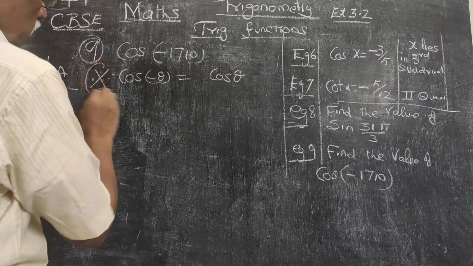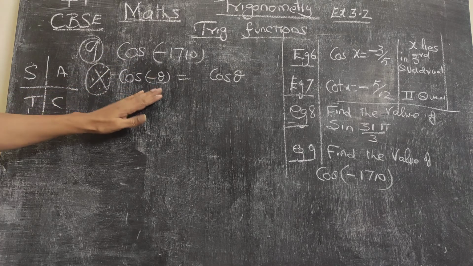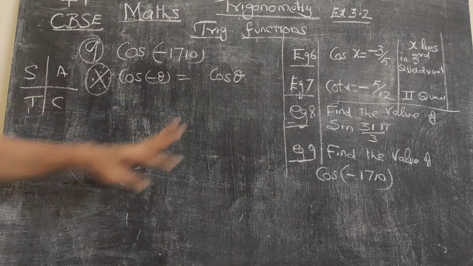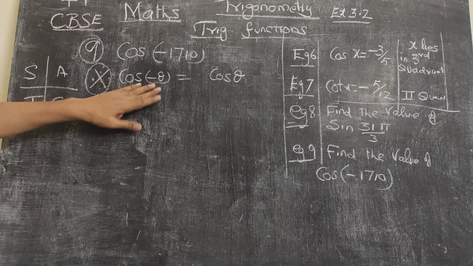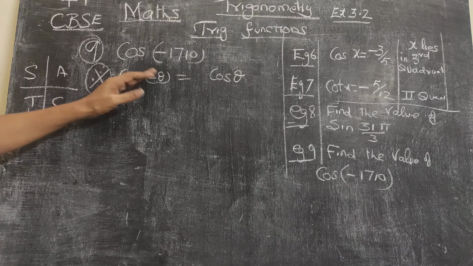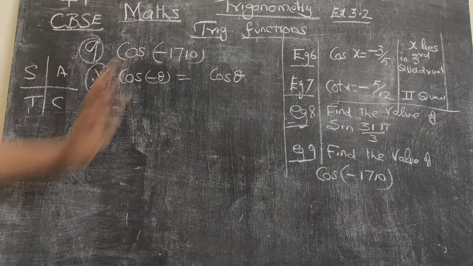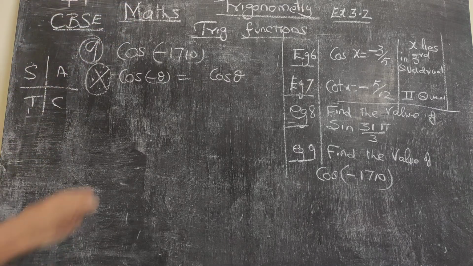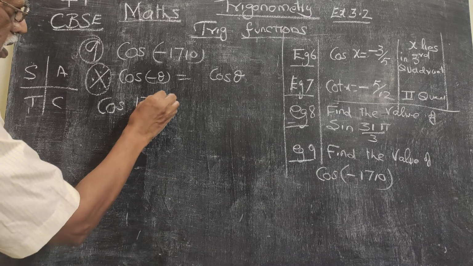This is a property, you must remember that. Cos minus theta is cos theta, whereas sine minus theta will be minus sine theta. Tan minus theta will be minus tan theta. Only for cos and secant, cos of minus theta or secant of minus theta will be cos theta or secant theta. So this is rewritten as cos simply 1710 degree.